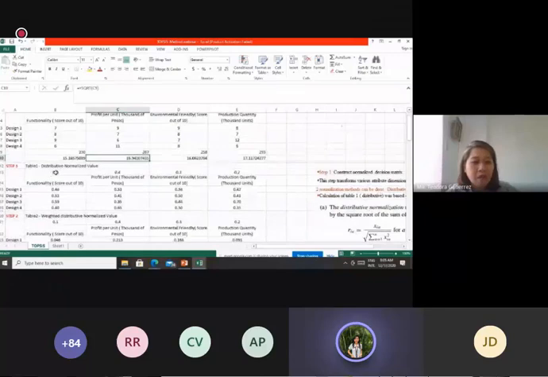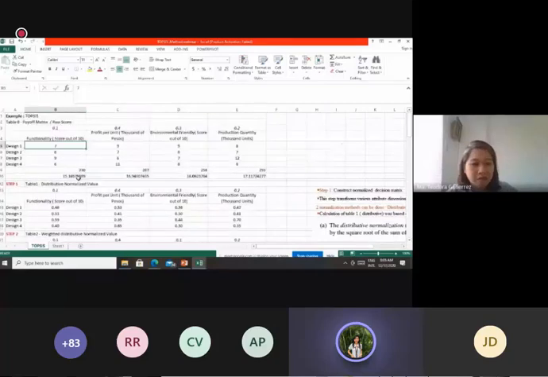Now, the table 1 for the normalized value, we have each element divided by the square root of this value. 7 divided by 15.165 is 0.46. 8 divided by 15.165 is 0.53.